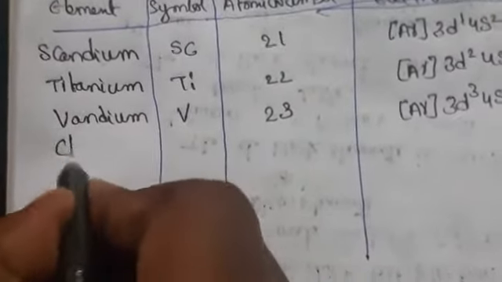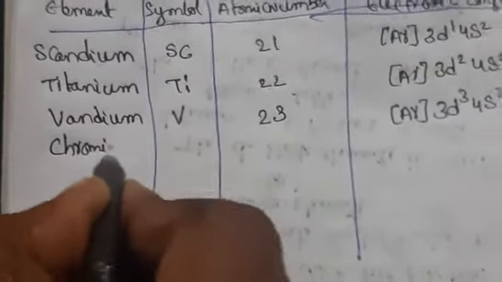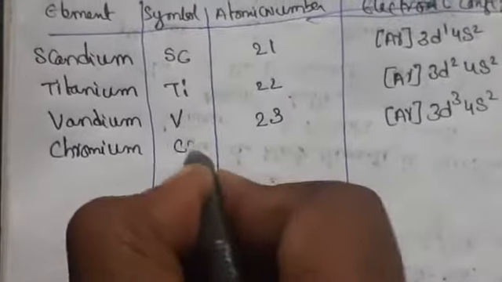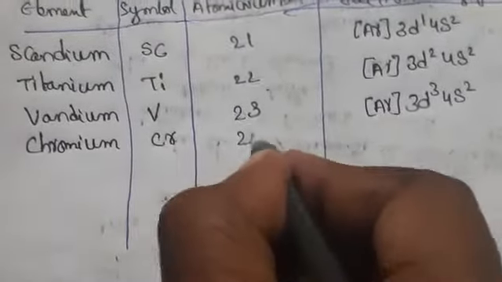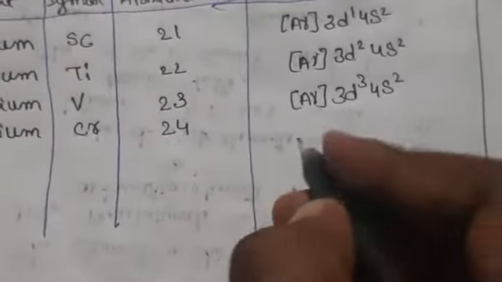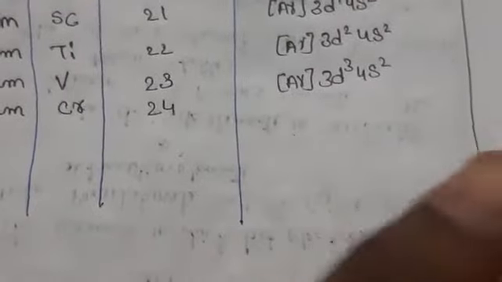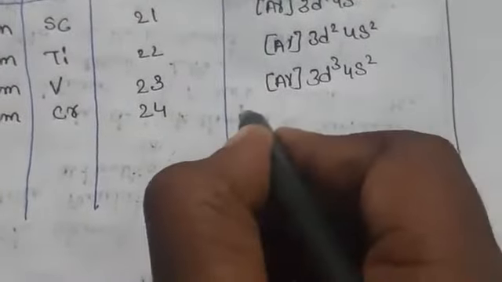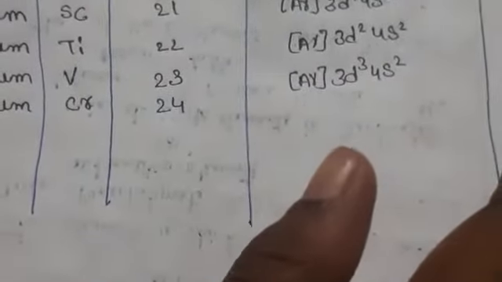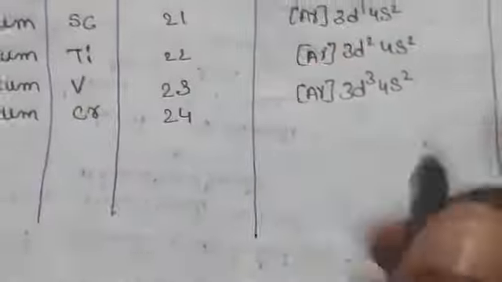Next, chromium. Don't be confused here. For chromium the symbol is Cr, atomic number 24. Generally the configuration we would write is argon 3d4 4s2. Everyone will think like that, but if you write like that, the electronic configuration is wrong for chromium.